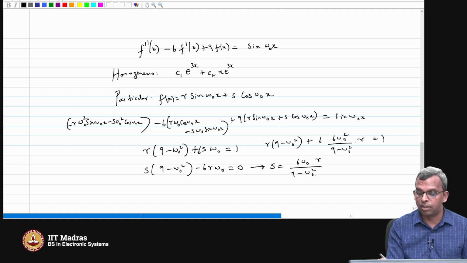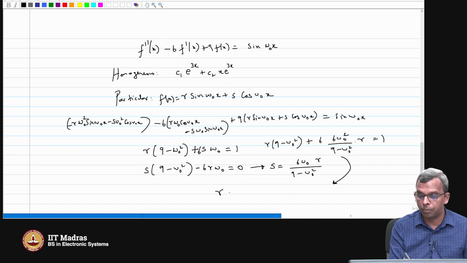If you solve this, you will get r equal to 9 minus omega naught squared divided by (9 minus omega naught squared) whole squared plus 36 omega naught squared.